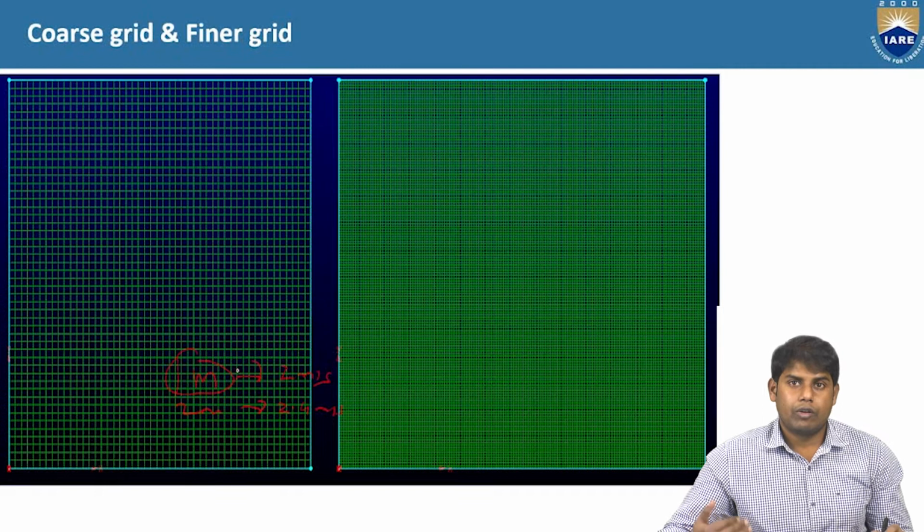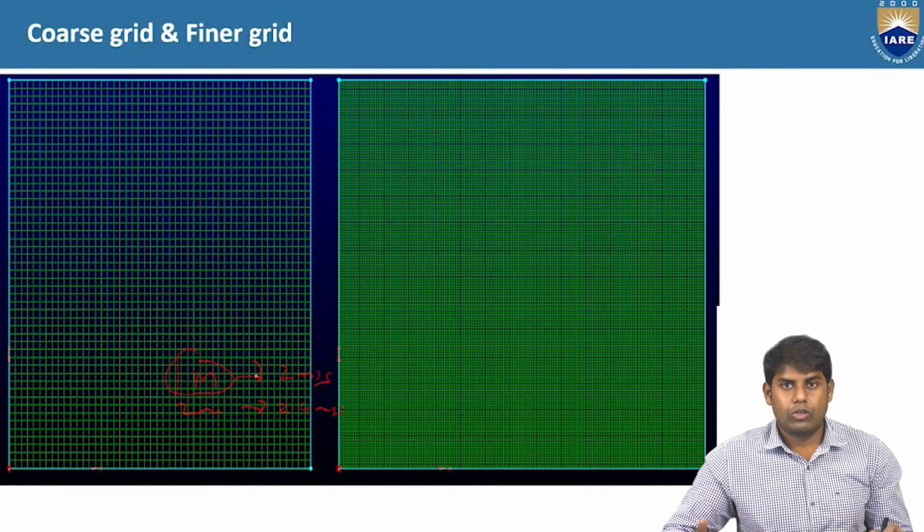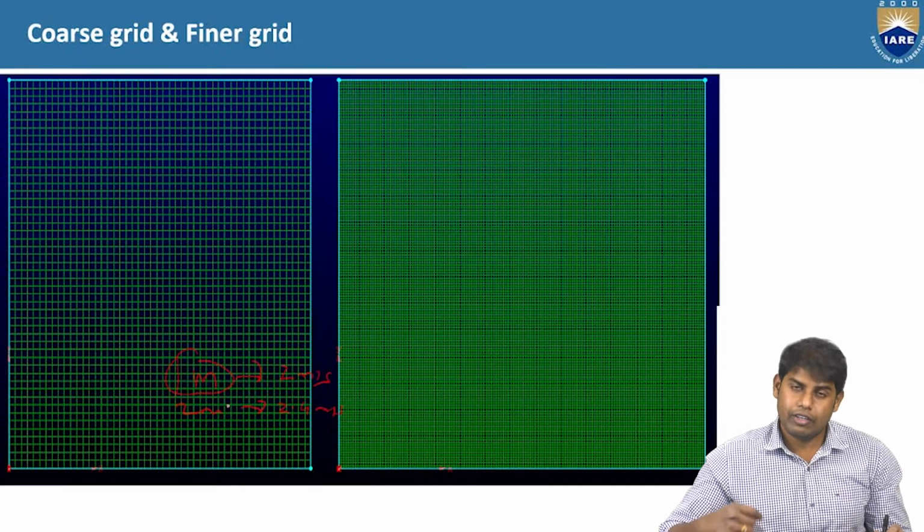Because the number of grid points varies in the domain, you cannot use those particular grid points for the other solutions. First, you need to do the grid independence study or mesh independence study, which will define that after a certain number of grid points, the solution will not vary, even though you keep on increasing the grid points.